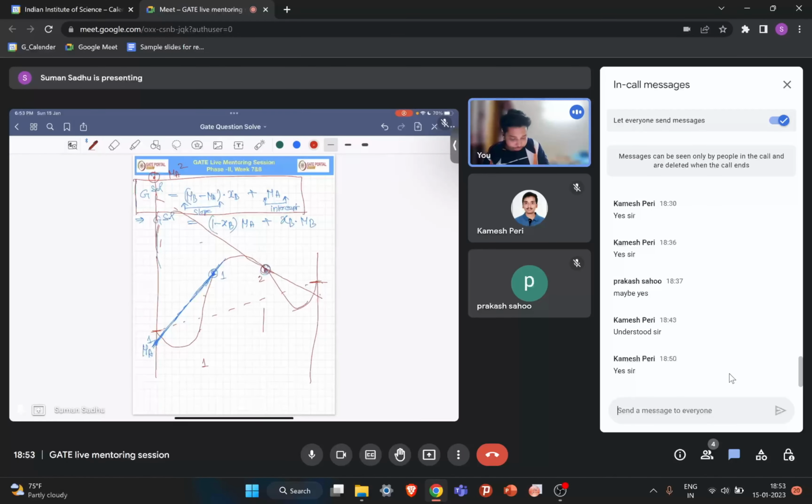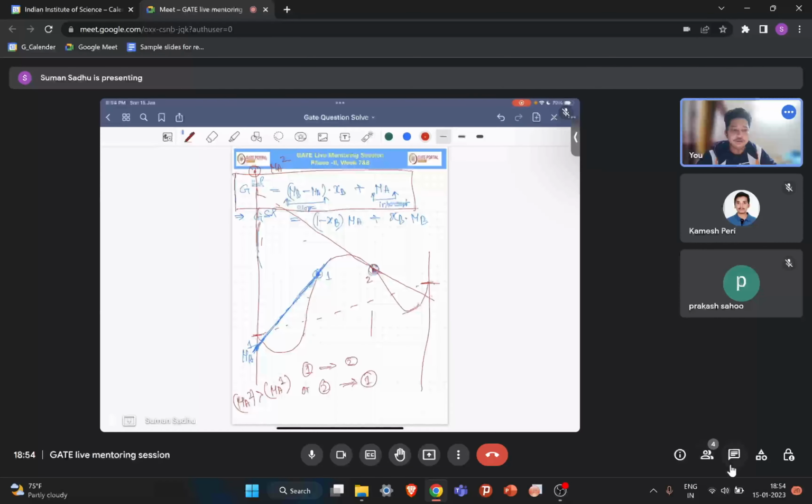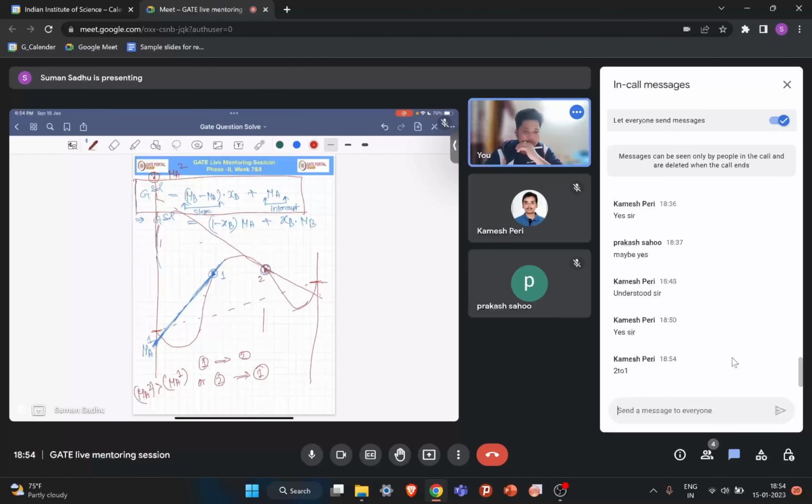From 1 to 2 or 2 to 1? You can see that mu A 2 is greater than mu A 1. So from which side will A atoms move? From point 2 to point 1.